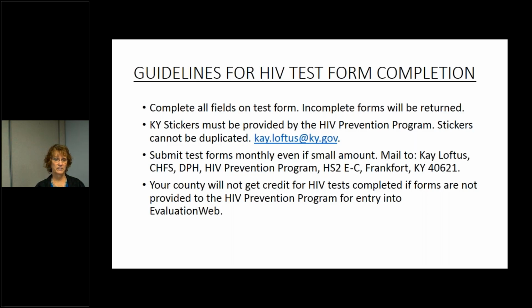She brings them to the prevention office, and we have a data entry operator who gets all those forms in. And you can get reports about the number of tests that have been conducted in your county, what the risk factors were. If you're interested in that, just give me a call and I'll be happy to get that for you.